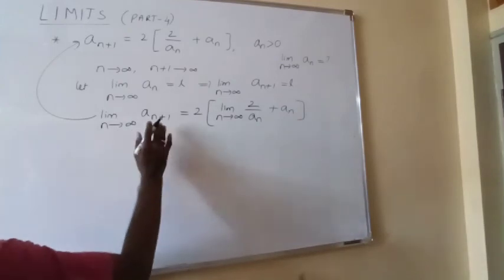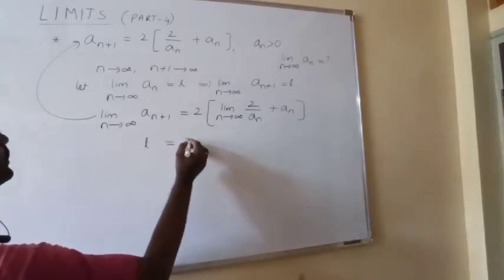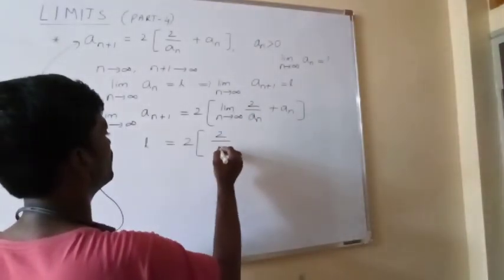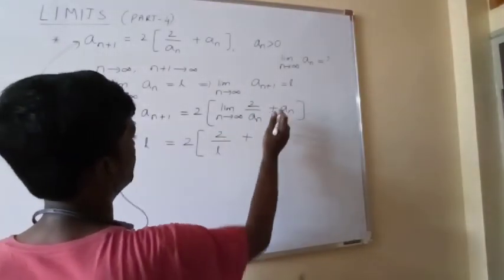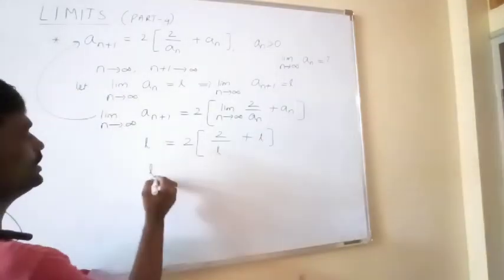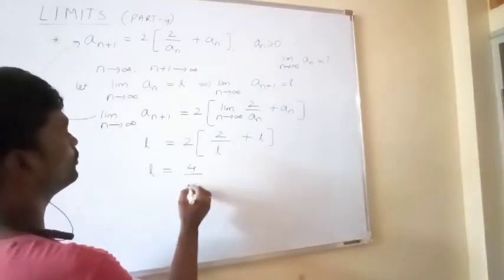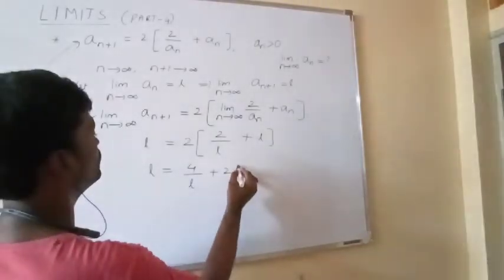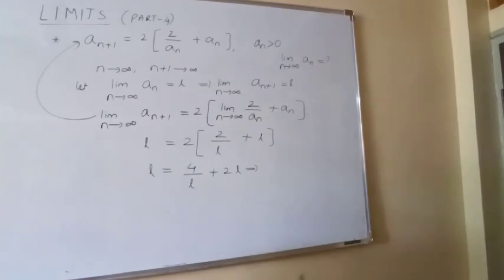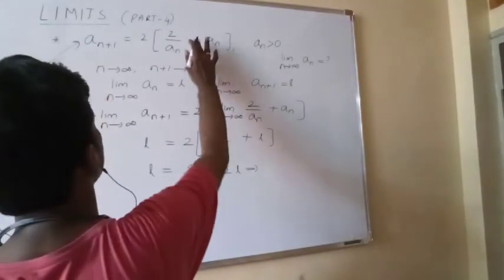So limit n tends to infinity a n plus 1 value is L. So 2 times limit n tends to infinity 2 by a n, that is 2 by L, plus limit n tends to infinity a n, which is L. So L is equal to 2 into 2 by L, 4 by L, 2 into L, 2L. Oh, I think it is minus.